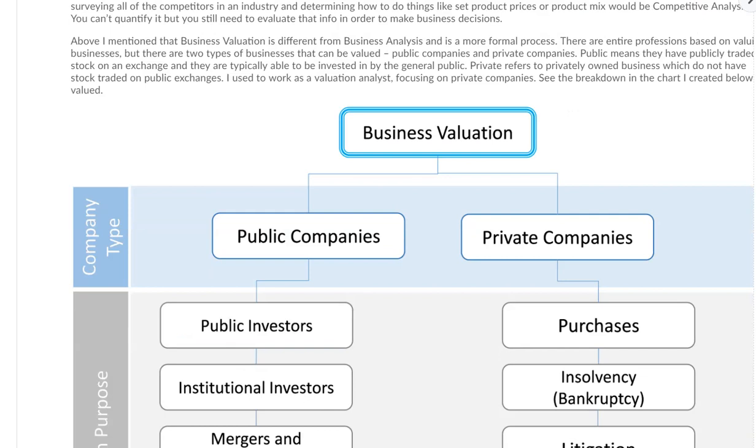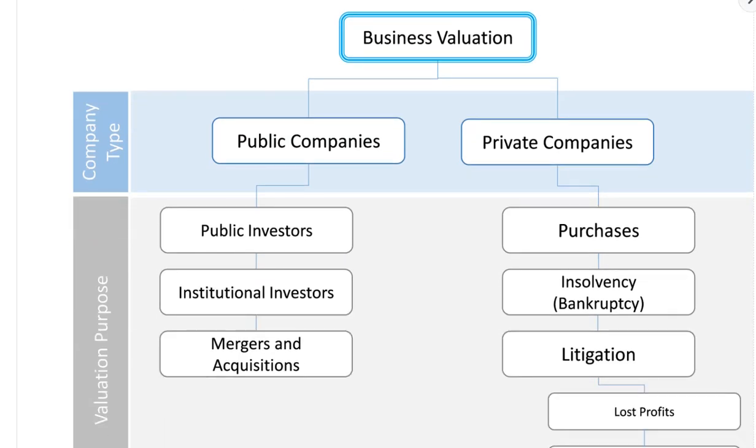All right, scrolling down to here, I want to just say that there are two different types of companies. They're going to be a private one or a public one. The types of valuation that is done for each of those is very, very different. Public companies, you're going to have valuations for public investors like you and me just buying stock, institutional investors, which could be like an investment bank or a hedge fund or just a regular bank.